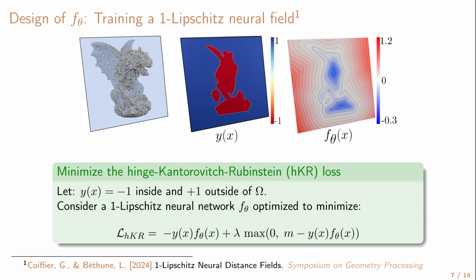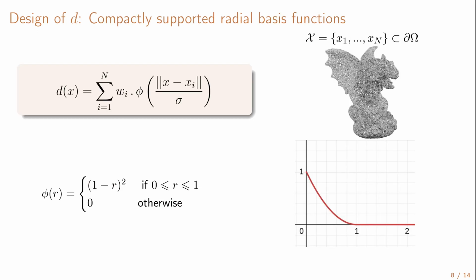What's more interesting, and what I will tell you more about in detail, is the design of the detail field. As I said, it is a sum of compactly supported radial basis functions. So if I take some points x1 to xn on the surface of the object, I will define my detail field as a weighted sum of a function phi that only depends on the distance from the query point x to the centers xi.